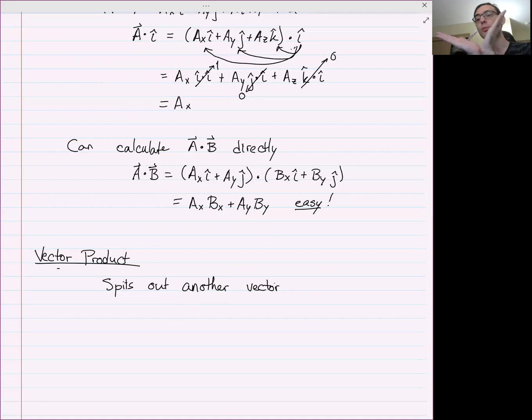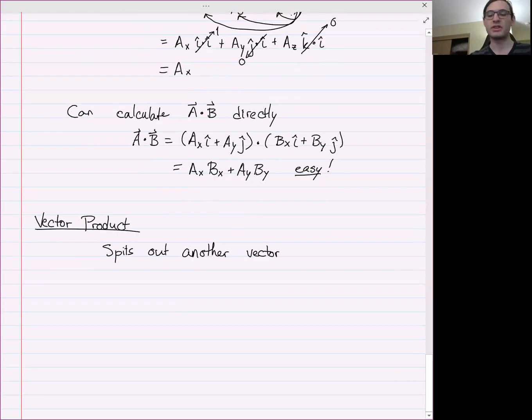And if those vectors are perpendicular, like i hat and j hat, then you get nothing. So it relies on how parallel the 2 vectors are. This vector product involves the perpendicular parts of 2 vectors.